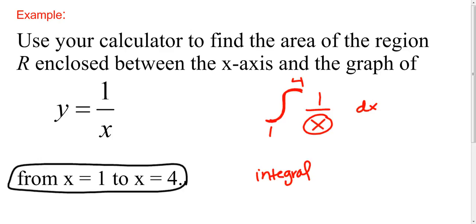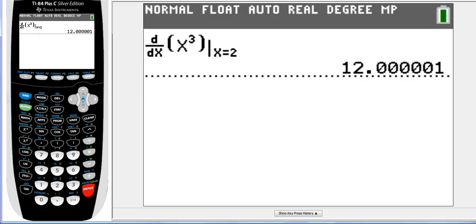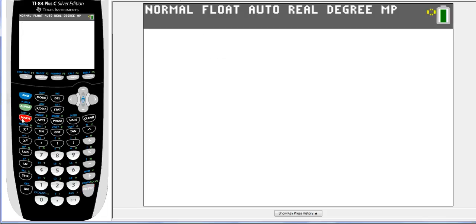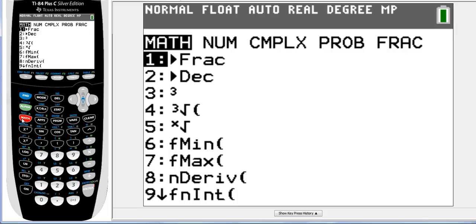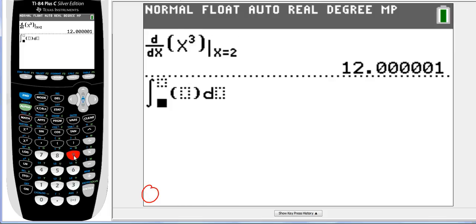So you're going to go to that same menu that you were just at. So I'll hit the math key. Integral, you can see, is number 9 right down here. Okay, so I'll go to number 9. Okay, and in this case, I'm trying to go from 1 to 4. And I'll put my function in, and I'm going to use my variable x.